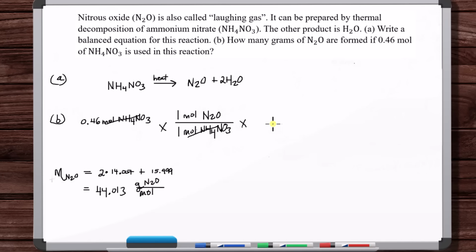So for every 1 mole of N2O, you have 44.013 grams of N2O. And that's what we're looking for, grams of N2O.